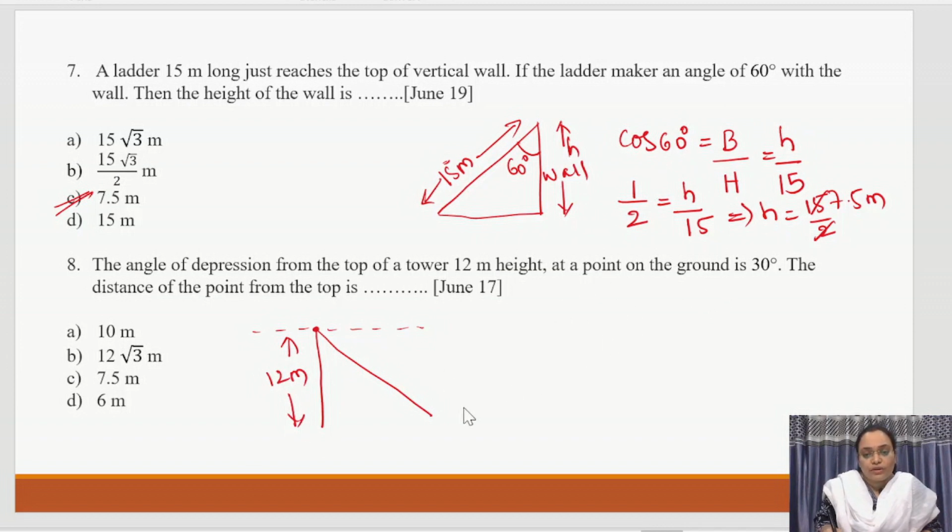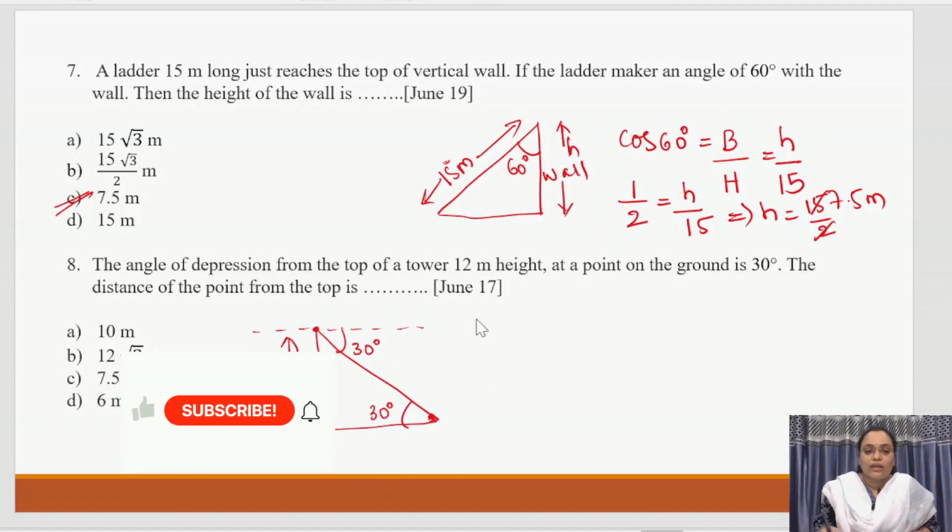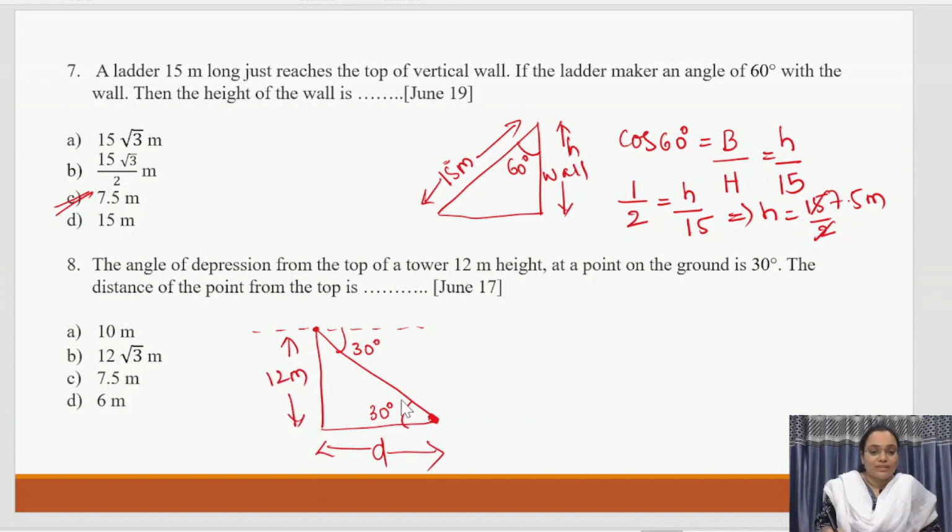At a point on the ground, this is the point on the ground, and the angle of depression is 30 degrees. So we need to find the distance. According to this angle, we can apply tan 30 degrees is equal to perpendicular by base.